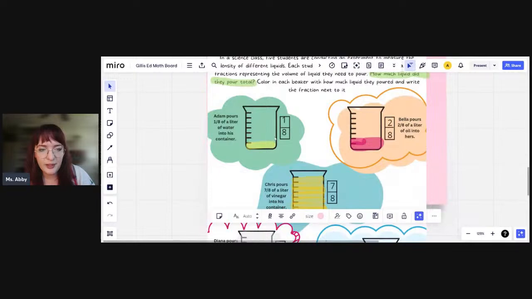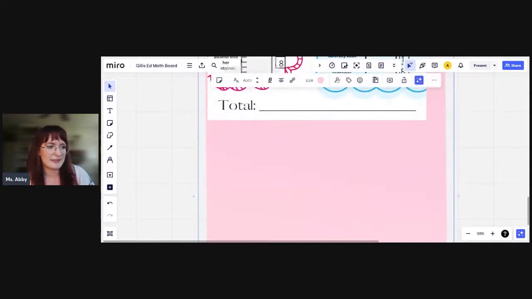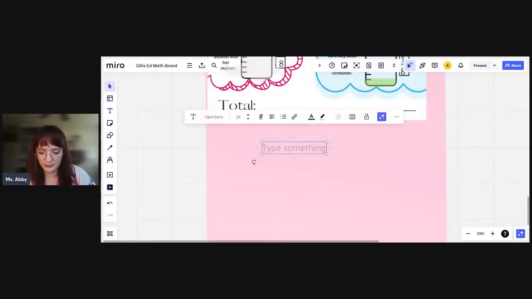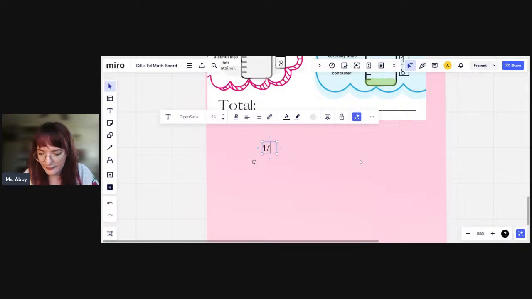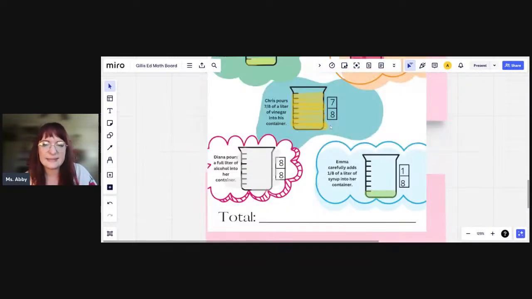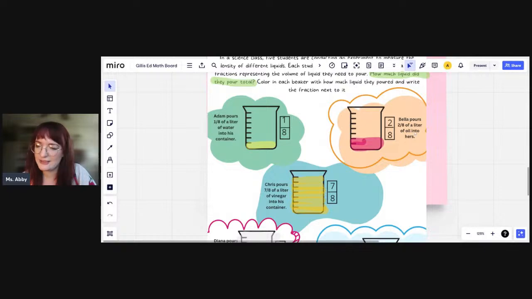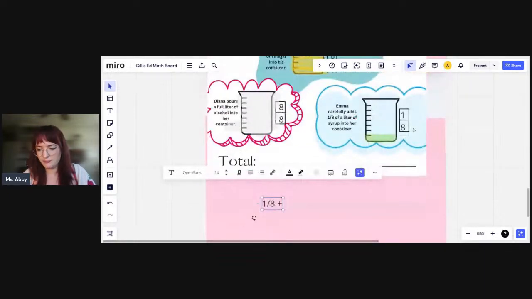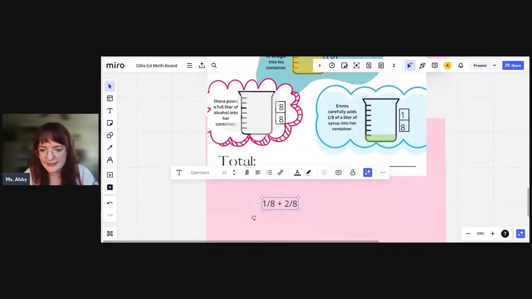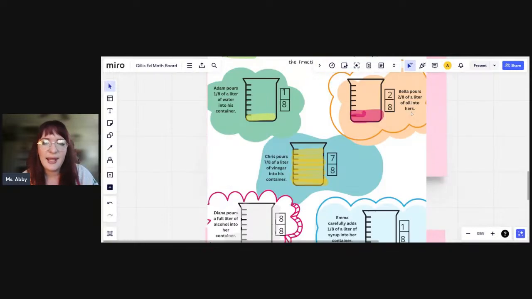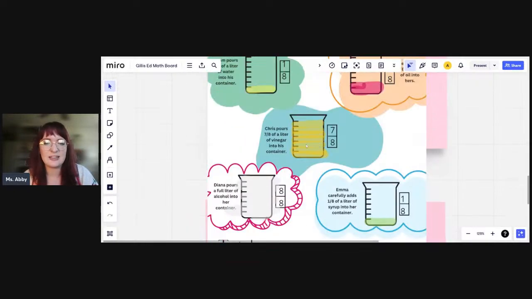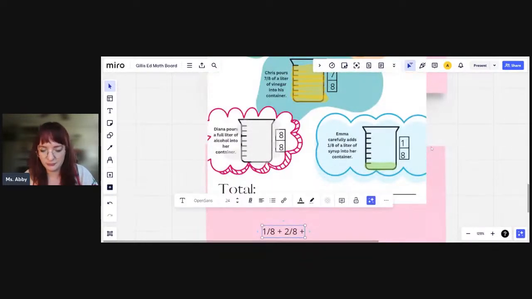So in the first one, Adam poured 1/8. So we are going to write 1/8 right here. And then plus 2/8, because that's how much Bella poured. And then plus 7/8, because that's how much Chris poured.